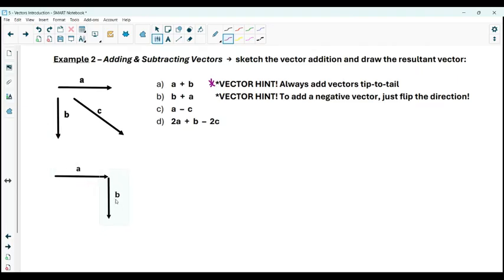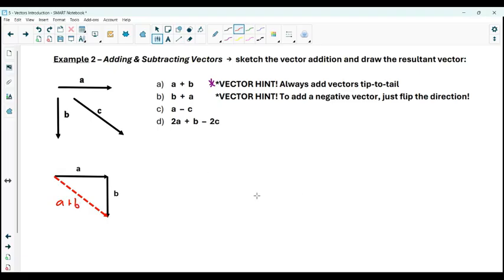So I'm going to put my B vector right here. And now I want to draw my resultant, right? So I can actually use my drawing tools here. Let's make these red because that'll look nice. I'm going to start at the beginning and draw my resultant right to the end here. And now if I want to describe that, I can write that as A plus B, like that.